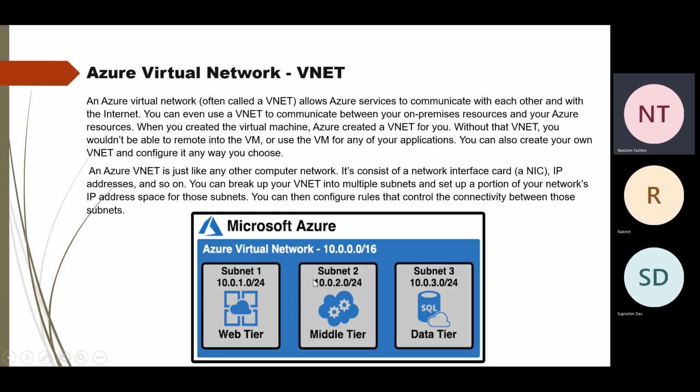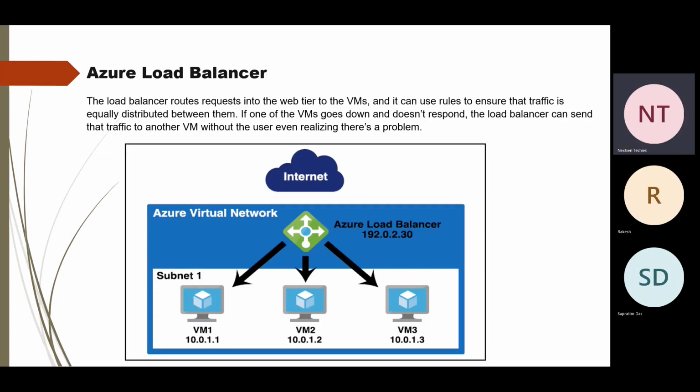You can have different subnets like 10.0.1.0, 10.0.2.0, 10.0.3.0. So you can have one subnet for your database, one subnet for your ASCS and ERS, and another subnet for your application. You can divide your subnets like this. So that is the VNet.